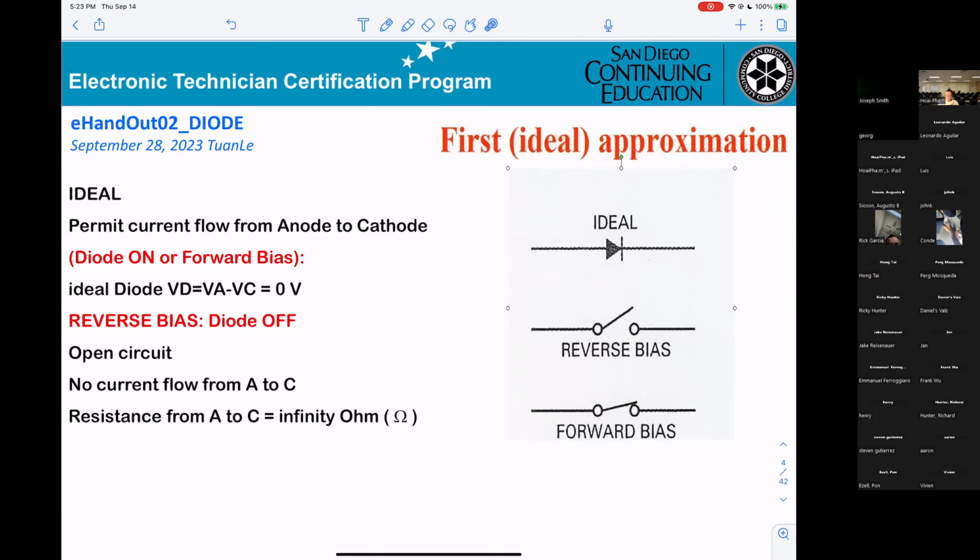So very simple thing. When you're looking into the circuitry, then you need to recognize it is a diode. And a diode can be on. That means they allow the current flowing from anode to the cathode. Or they will be off. That means they open, no current flow. They're telling you they're off here. Looks like the switch open.